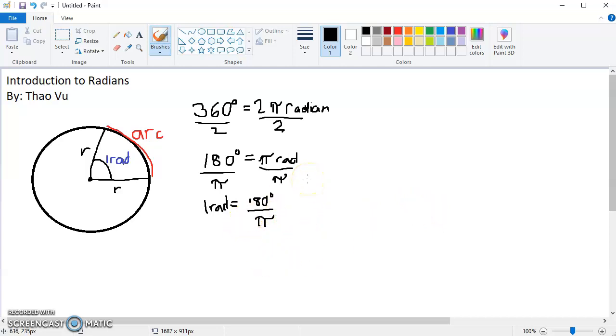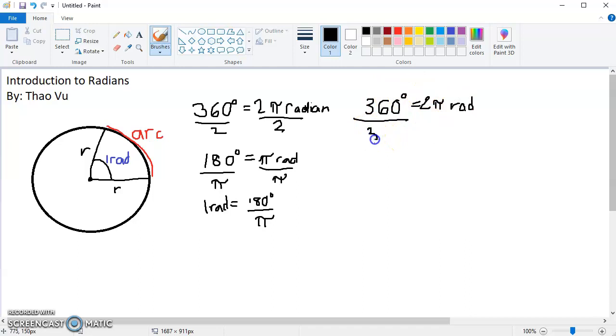To figure out how many radians equal 1 degree, we can do it the other way. So let me just rewrite it. 360 degrees equals 2 pi radians, but this time we will be dividing.